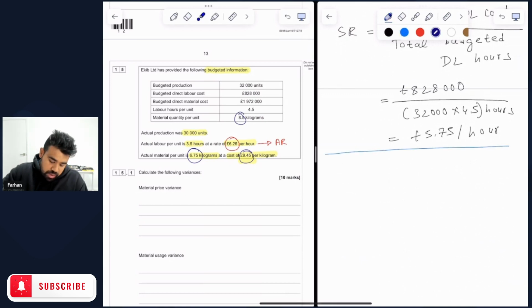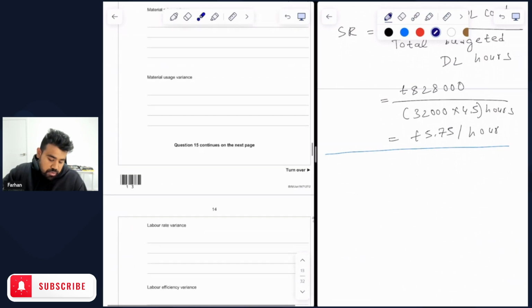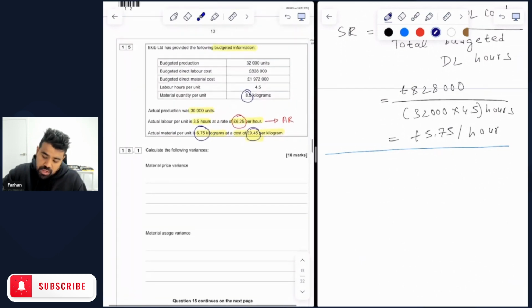So the last requirement of the question is to find the labor efficiency variance, which is basically finding the efficiency in terms of the actual and the standard hours, because efficiency is measured by how quickly the labor that we have are able to produce the units that we want to make, which are 30,000. So let's find the labor efficiency variance.